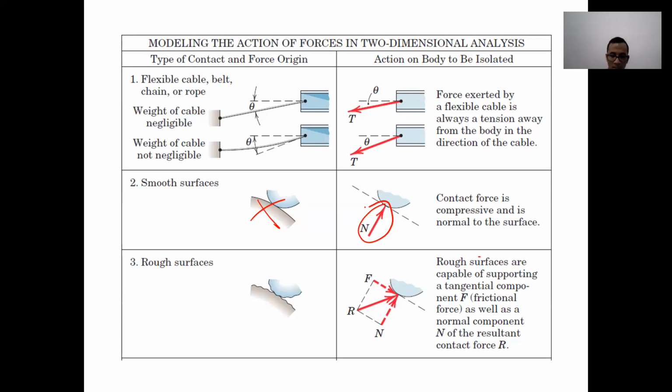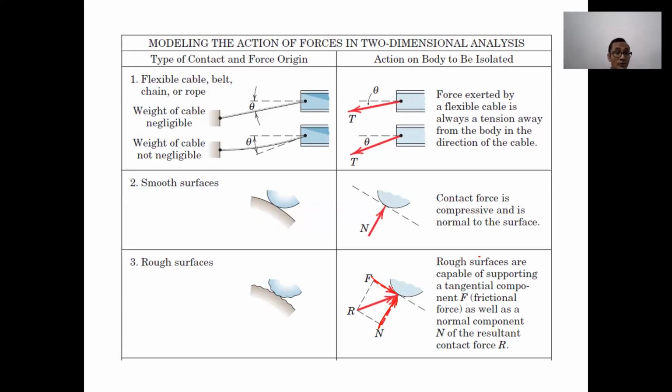The opposite is the rough surface. If it's rough, we can replace the rough surface with normal force and friction force. That's why it's slightly different. Smooth surface and rough surface are slightly different.